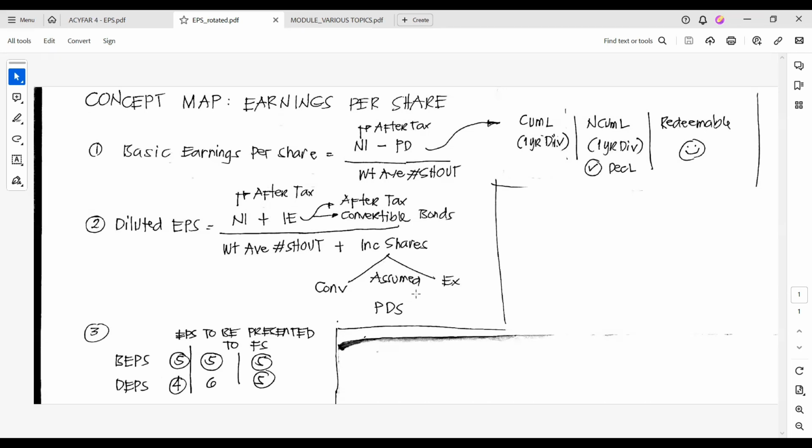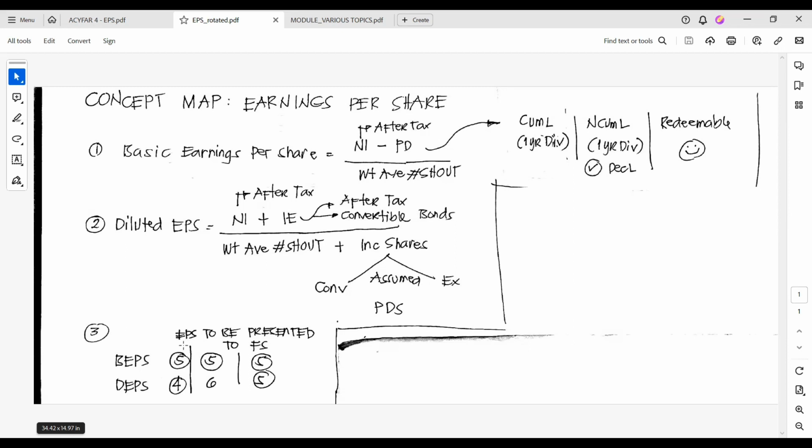Okay, now, what type of EPS should be presented in the financial statements? Okay, so let's say these are the values. We have here the basic earnings per share and the diluted earnings per share. So sabi natin, that is considered as a diluted earnings per share if napababa niya ang basic earnings per share.